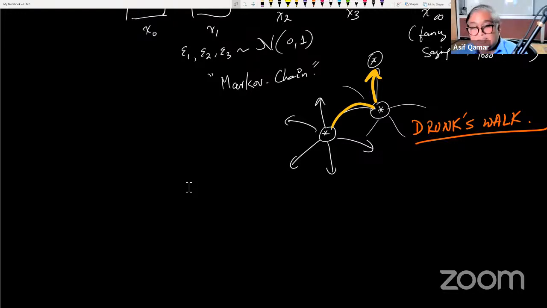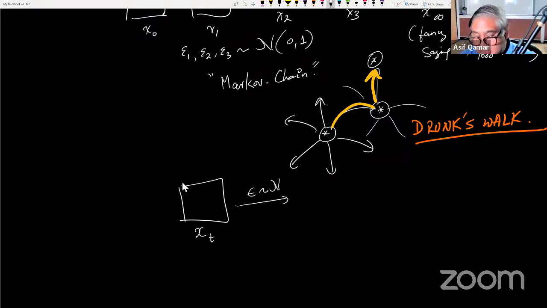Right? So, in other words, if I am at state xt, and there's an epsilon sampled from a normal distribution, so maybe there may even be a tiny coefficient sitting there, but let's do that. And you go to this state, xt plus 1.